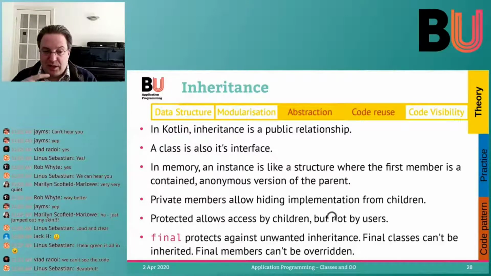And in such a case, we can use inheritance. But remember, inheritance is a public relationship, also in Python. It is something that is visible. You can't just say, oh, I only need this behavior, but I don't want to be seen as if I am that.